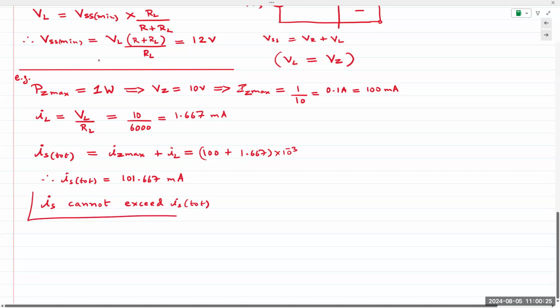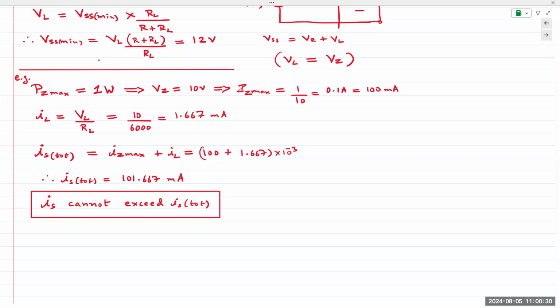Let's put this down. IS cannot exceed that. If it exceeds it, then your Zener diode will blow out.